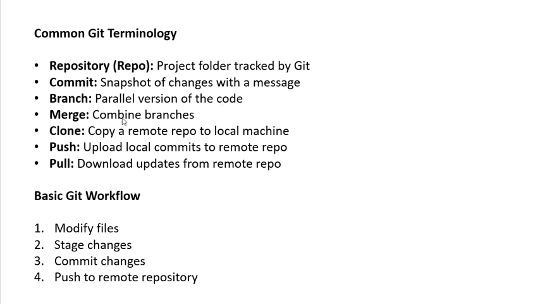Merge combines branches. Clone copies the remote repo to the local machine. Push uploads the local commit to the remote repo, and pull downloads the updates from the remote repo.